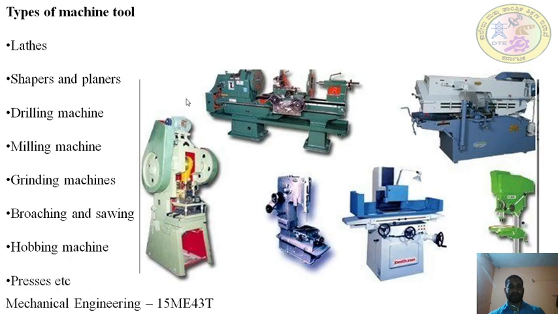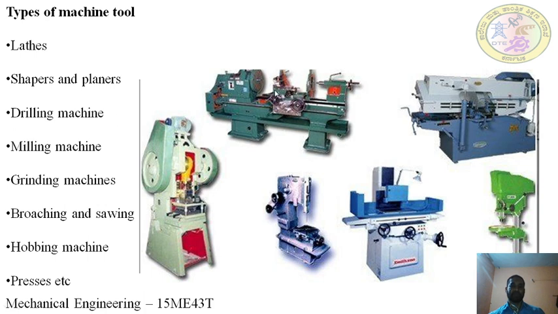Next, there are different kinds of machine tools. This is a lathe machine, this is a milling machine, and this is drilling. This is also one kind of drilling machine. These are presses, etc. So we have shapers, planers, drilling machines, milling machines, grinding wheels, broaching and carving. Every machine has its particular application.